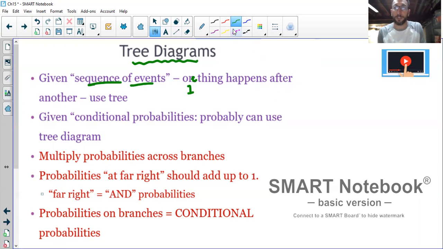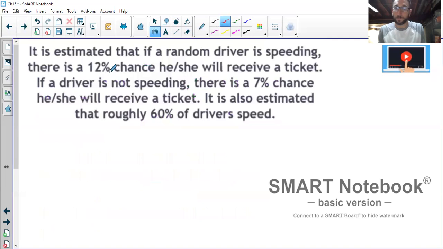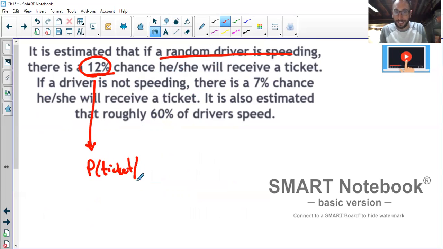Another thing to think about is if we're given conditional probabilities, then we're probably going to be using a tree diagram. So if I jump back to the context here, we're given some conditional probabilities, and we'll come back to this idea later when we look at the actual tree diagram. But here, this 12% is the chance you will get a ticket if we know you're speeding. This 12% is the probability you get a ticket given we know you were speeding.